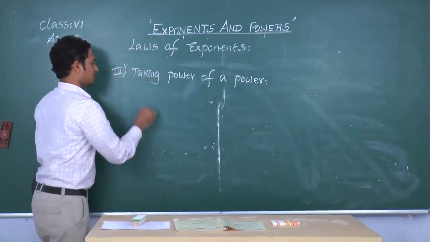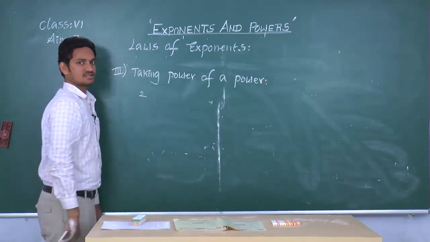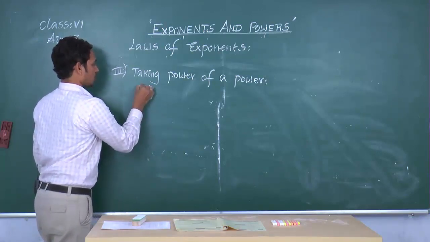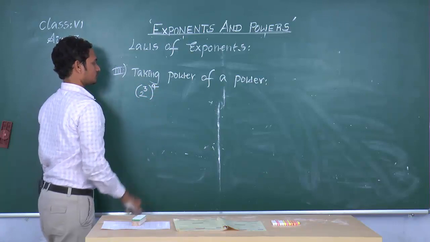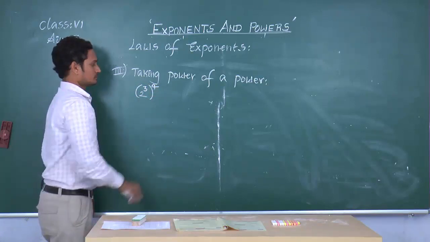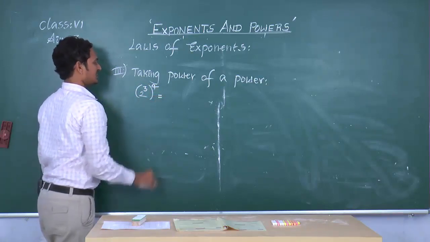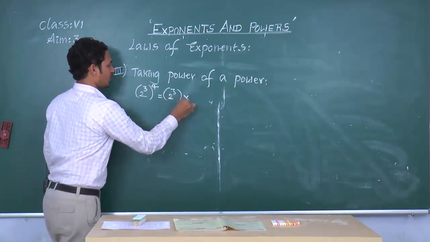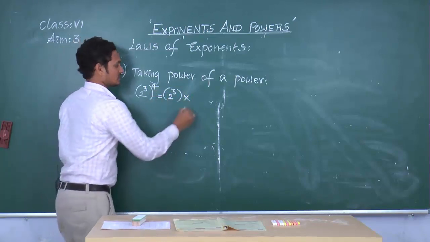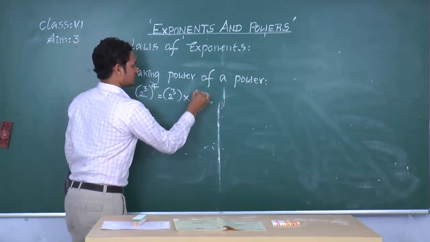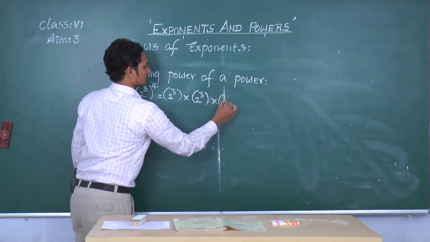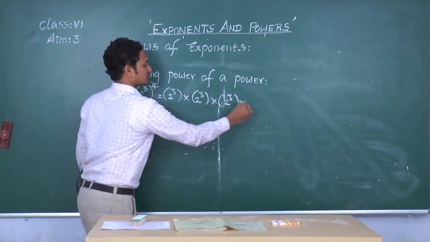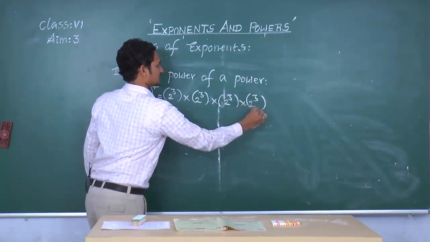Here I am introducing the first example, 2 power 3 whole power 4. Here the meaning is 2 power 3 is multiplied by itself how many times? 4 times. So I am converting into product form as 2 power 3 into 2 power 3 into 2 power 3 into 2 power 3.